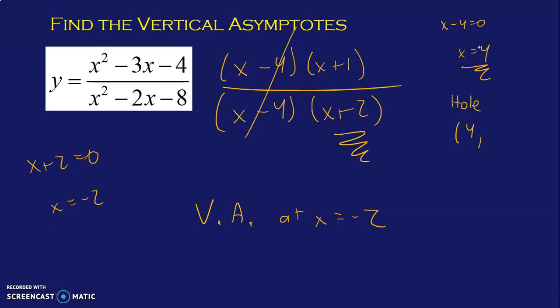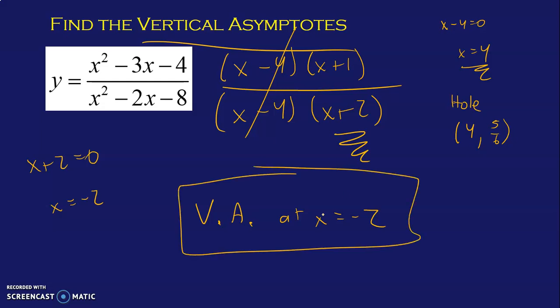So my hole would be at 4, and if I plugged it in, 4 plus 1 is 5, 4 plus 2 is 6, so I'd be at (4, 5/6). The limit as x approaches 4 would tell me where the hole was. That's a side note though. This was asking for the vertical asymptotes. In this case, the vertical asymptote happens at x equals negative 2 because after I simplify the fraction, that's what makes the denominator 0.